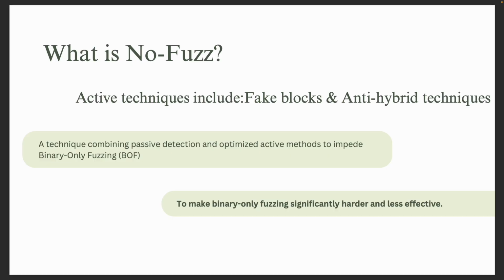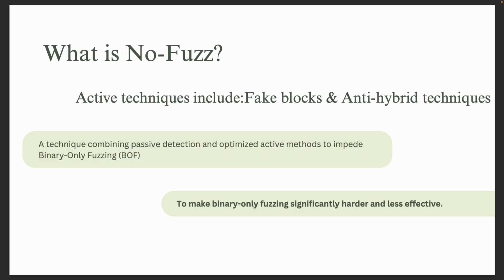It combines both passive detection and active disruption techniques to resist fuzzing attempts without impacting regular users. Let's dive into how it works, which are designed to directly interfere with the mechanisms fuzzers rely on, especially those that work without source code access.